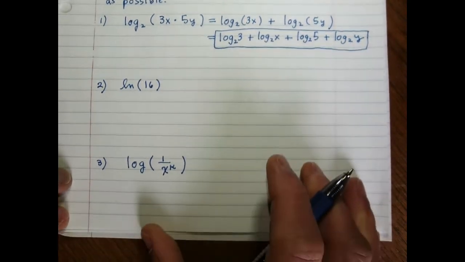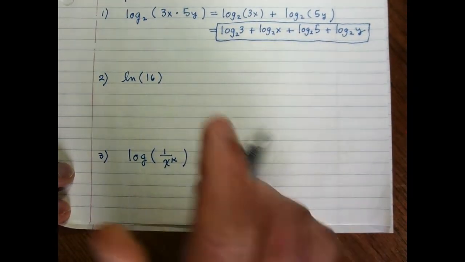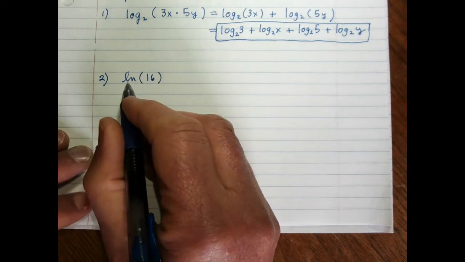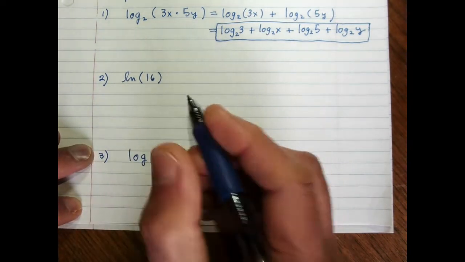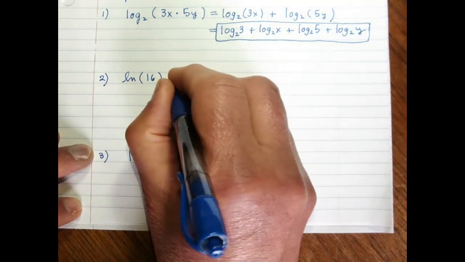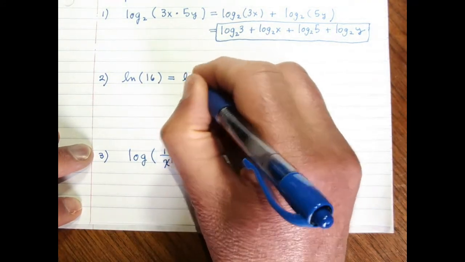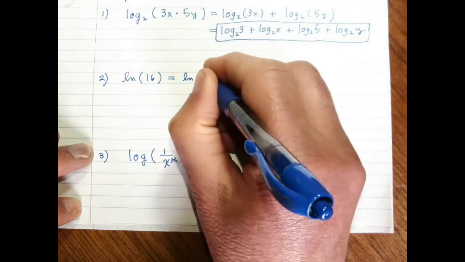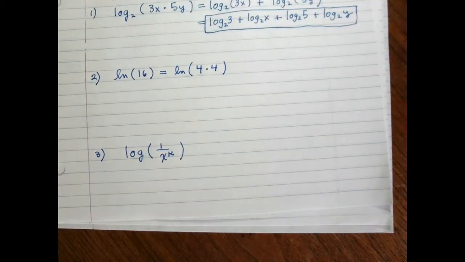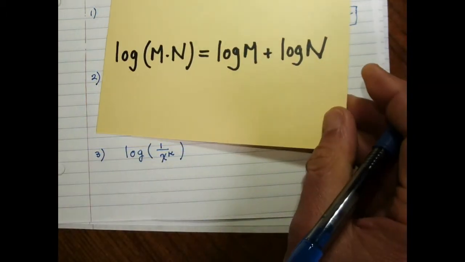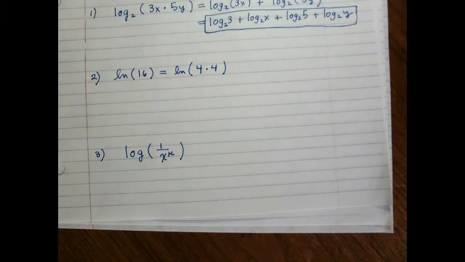Okay, let's go on to number 2. ln of 16. Now ln is the natural log. That's log base e. We can think of 16 as a product, right? One way I could think of it is as 4 times 4. And so that allows me to apply my first law again to this situation.